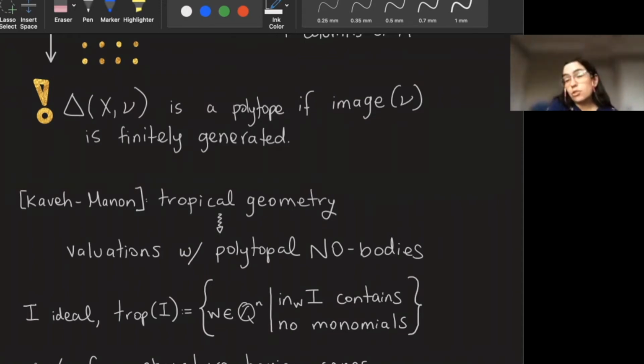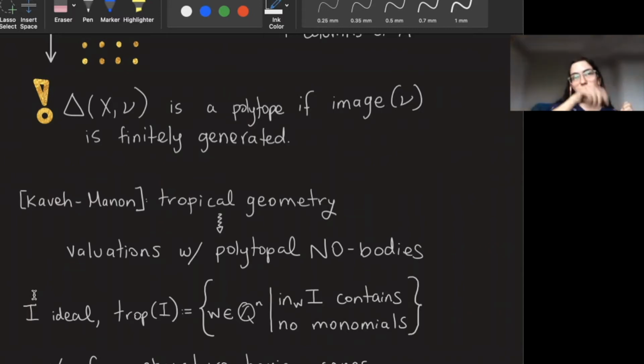So what is a baby version of tropical geometry? If you start with an ideal, you can define the tropicalization of your ideal as the points in Q to the n such that the initial ideal contains no monomials. In case you're not very familiar with initial ideals, this initial ideal is the ideal generated by the initial forms with respect to W of all polynomials in I. The initial form of a polynomial is this: you have your polynomial, it has a bunch of exponents.